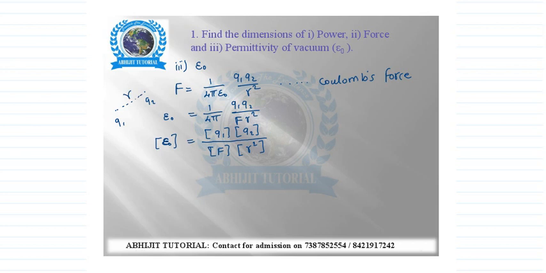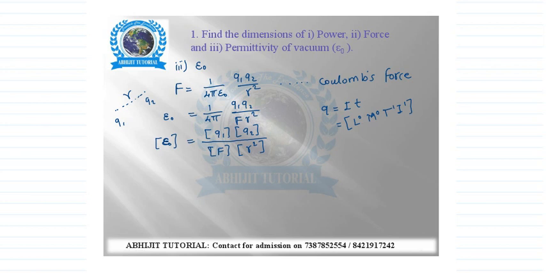Now, as we know, charge q is defined as current into time, and since charge is not a fundamental quantity, we write it in terms of the dimensions of the current. So L0, M0, T1 and I1 should be the dimensions of the charge.